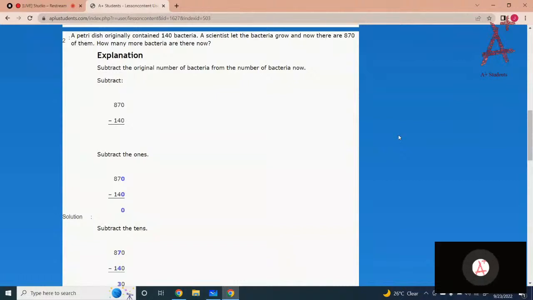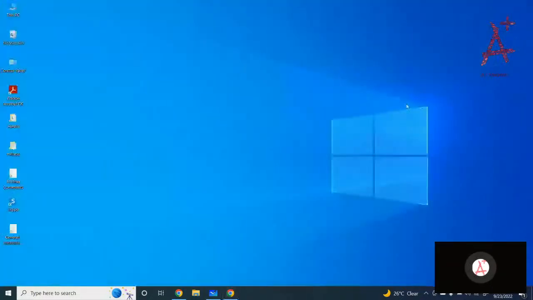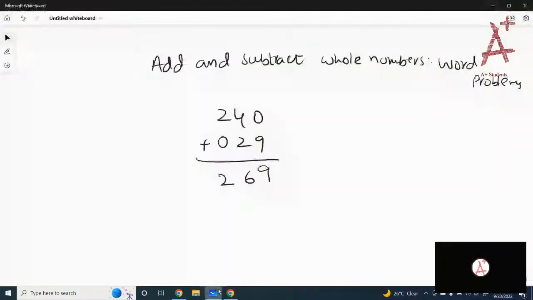So basically, you have to subtract 870 minus 140, because originally they are 140, so you have to do 870 subtract 140. So start subtracting from the ones digit.